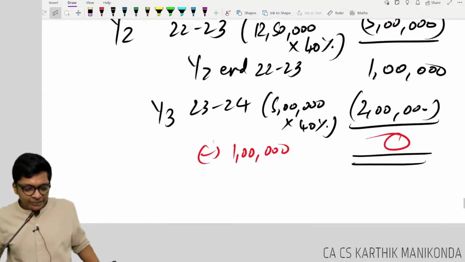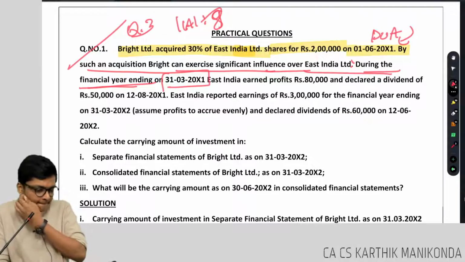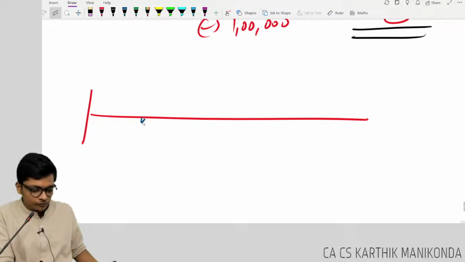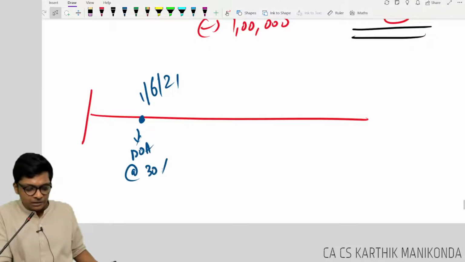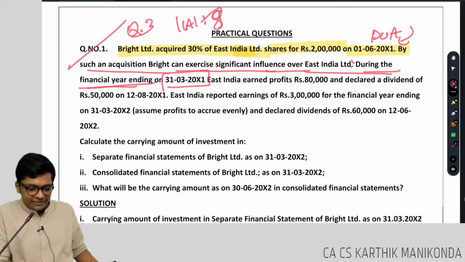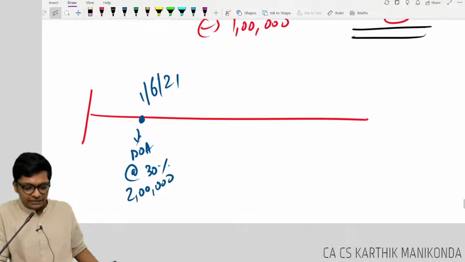So let me draw the timeline. Acquisition is happening on 1st June 21, my date of acquisition. I'm acquiring how much, guys? 30% by paying 2 lakhs.